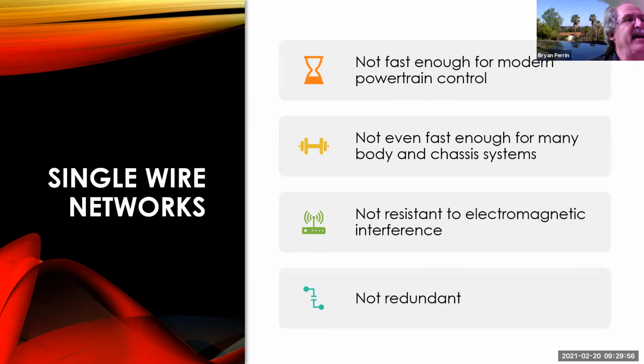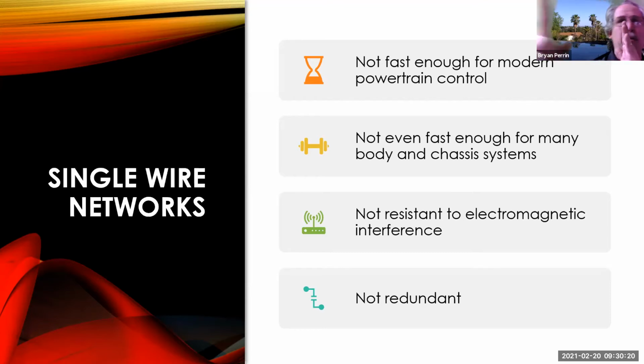So it says not fast enough for modern powertrain control. That's true. Not even fast enough for many body and chassis systems. Not resistant to electromagnetic interference. Not redundant, but it can be. So we think of redundancy in a linear path, right? If I'm going down a line and the bridge is out, I can't get there. Well, what if I'm in a circle?